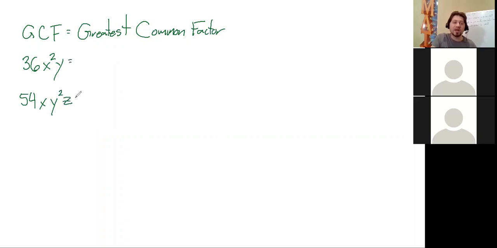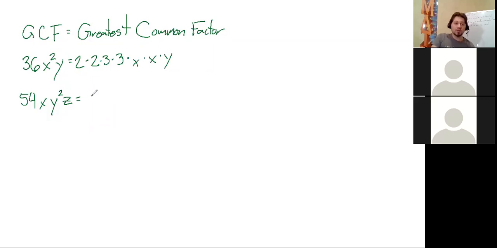So we're going to write factored form for both of these and then match up all the numbers that are the same. So for 36x squared y, we have 2, 2, 3, 3, because that's 4 times 9 gives you 36, times x times x times y.